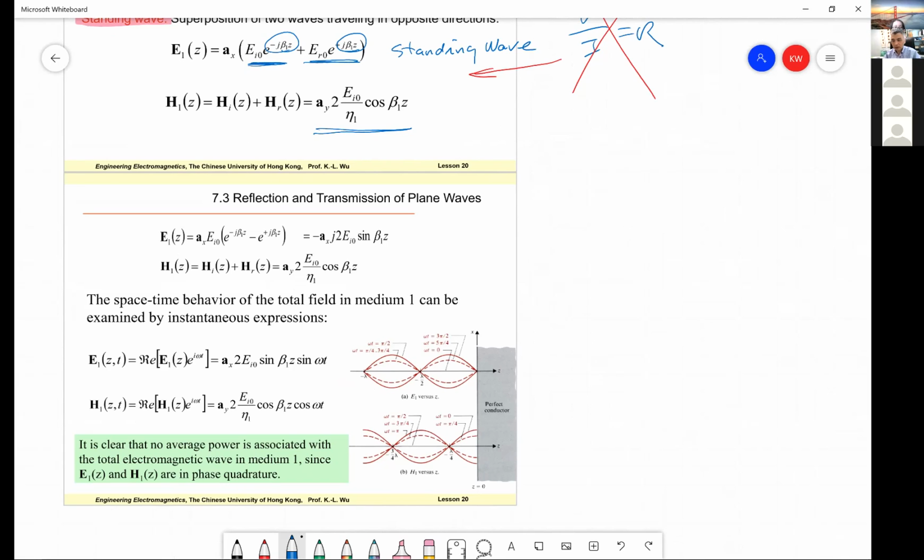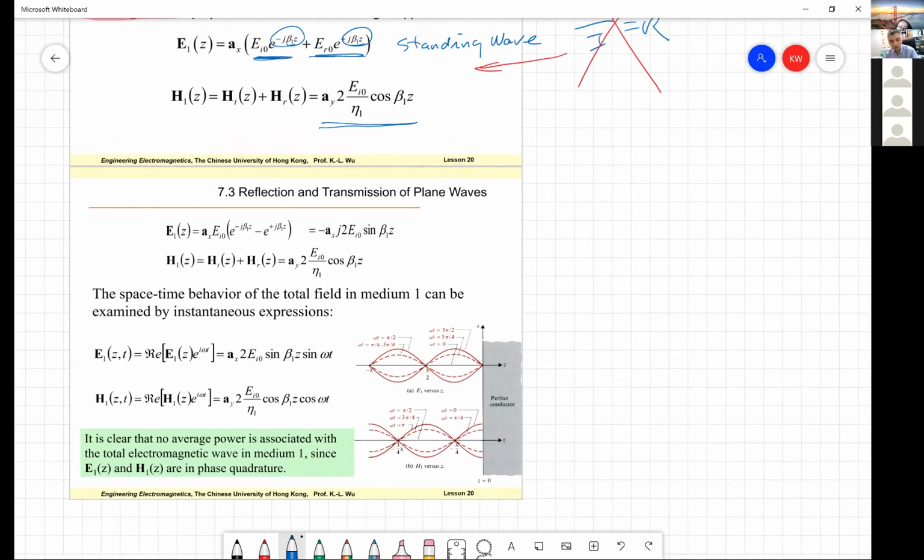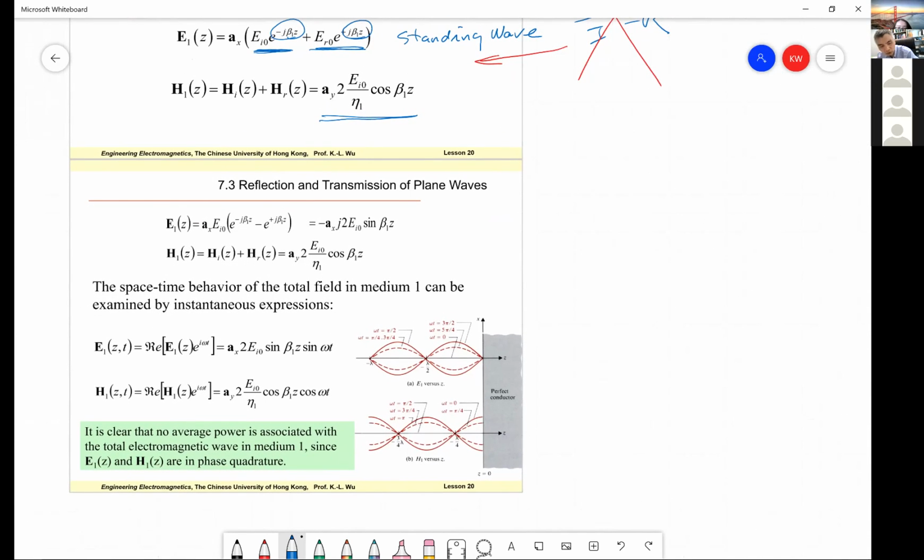Now let's look at this function. What is the behavior? We found the total electrical field and the total magnetic field.